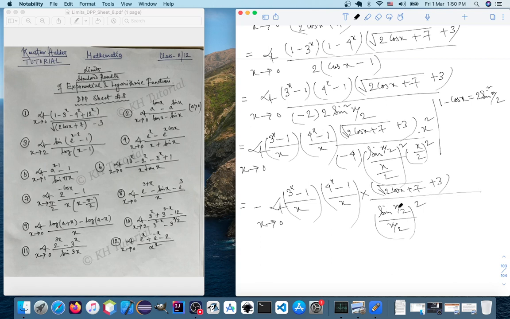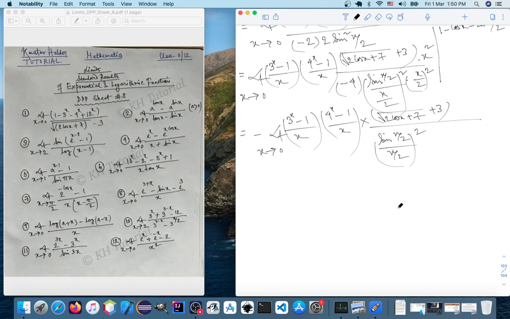Now we can apply the standard results and substitute the value of x equals 0 in this irrational term in the denominator, and we get minus 1 outside.